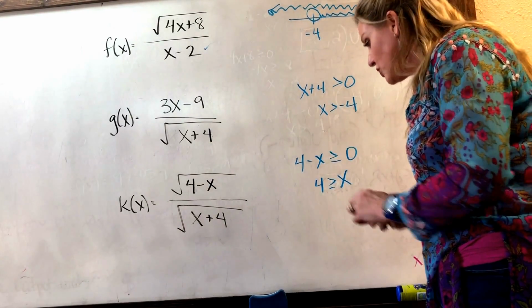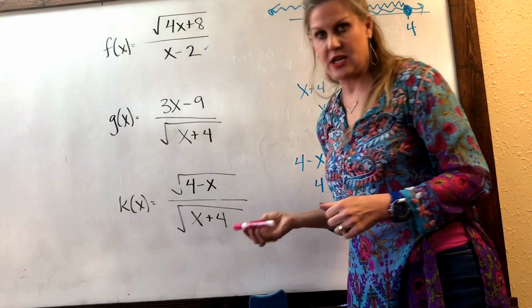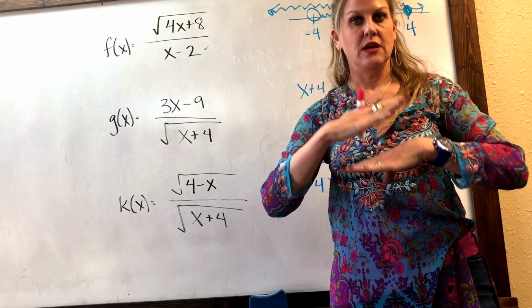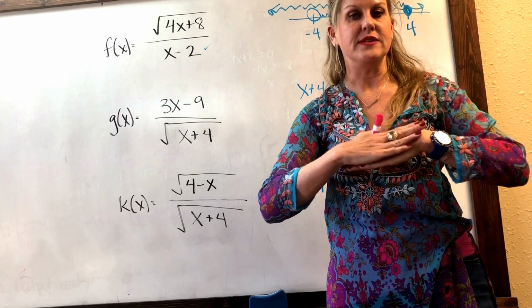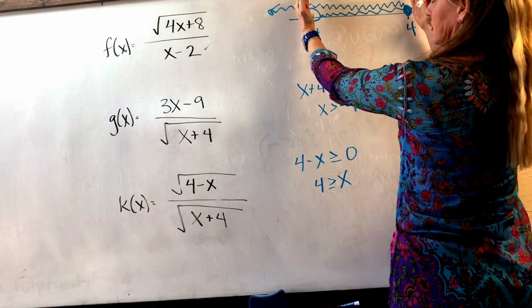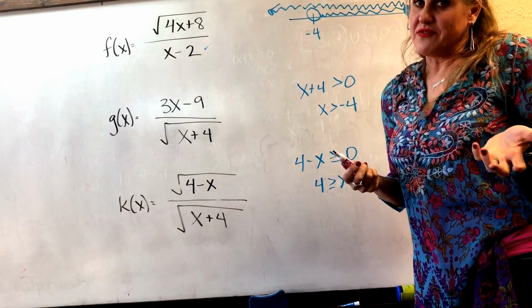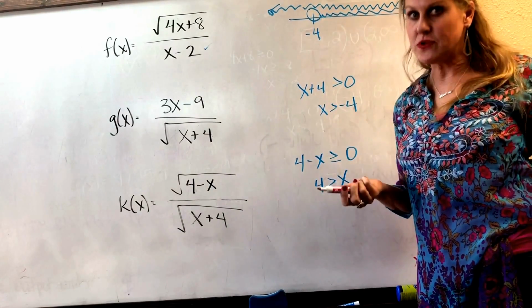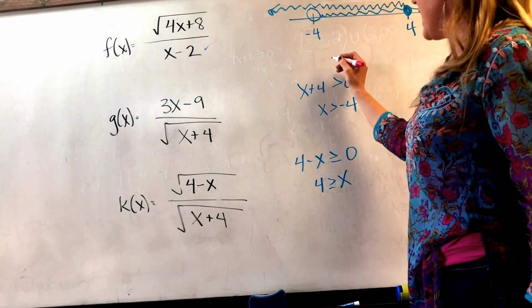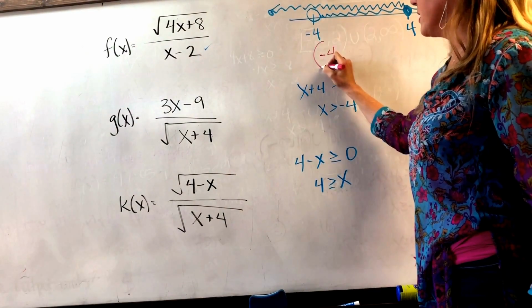So the total domain of the entire function are the overlapping parts. We got to keep the top and the bottom happy at the same time. So just here to here. Doesn't look like very many numbers, it's actually infinite numbers, but those are the only ones I get. So that says, this guy's domain says I can start at -4, but I'm not allowed to grab it.